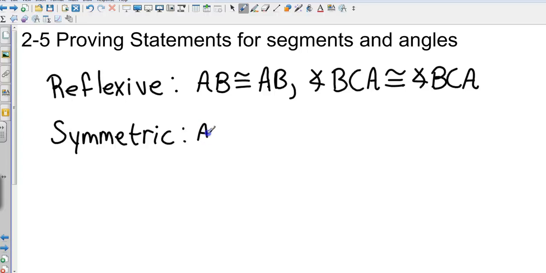So we might say AB is congruent to CD, and because of symmetry, that would mean that CD is congruent to AB.